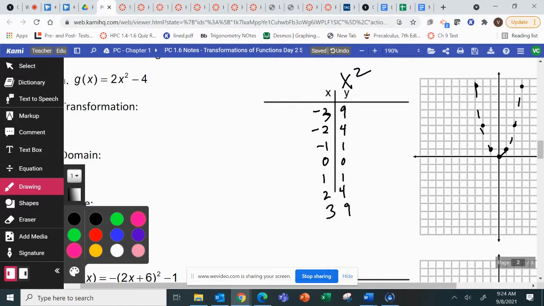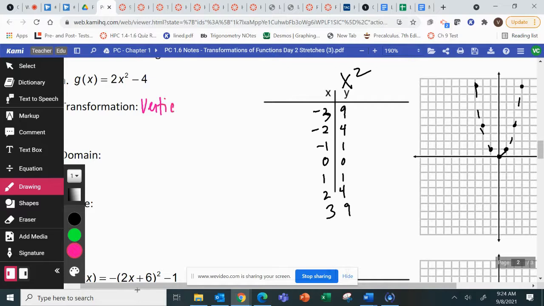Jacob, is the 2 being squared? No. So is the 2 vertical or horizontal? If it's not being squared, then it's on the outside. So this is a vertical. And because it's 2, it's going to be a stretch.